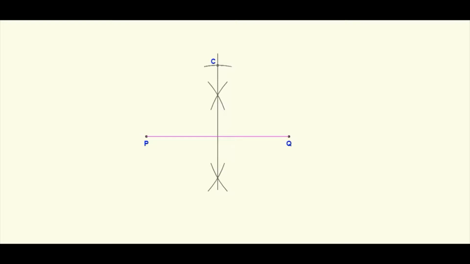So now you know that we have the point C. So you're going to take your ruler and line up point P and point C, and you're going to draw a straight line, and that will create your 45 degrees angle. And this is how you would do it.